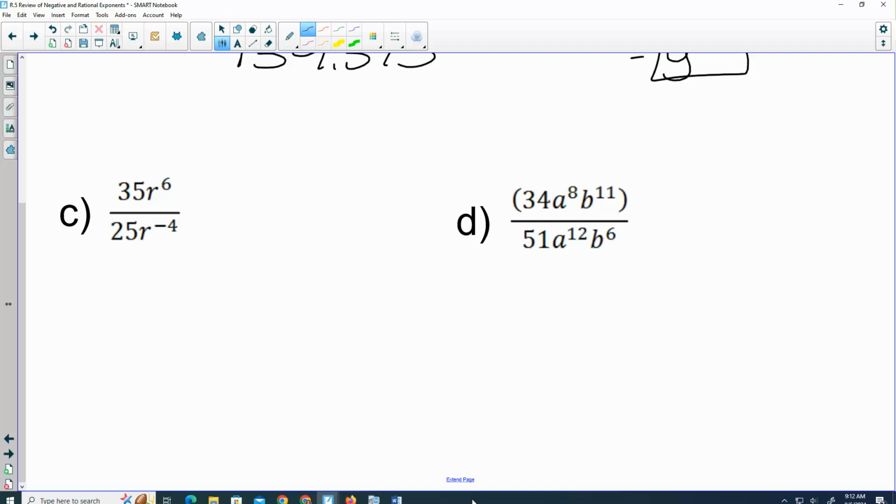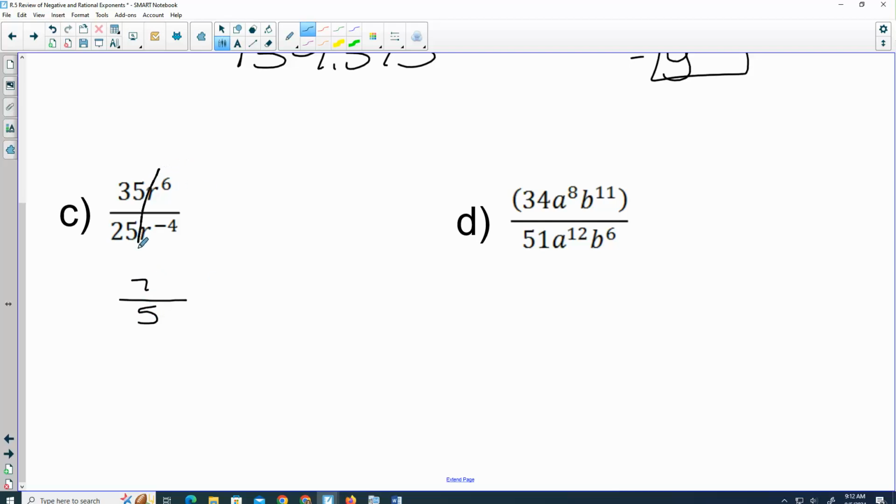C. So if I am asked to reduce this, it's all one term, so we can break things down. 35 and 25, what would that turn into? 7/5.